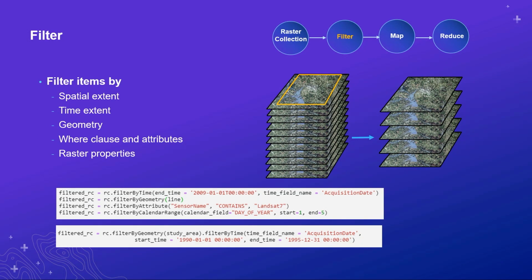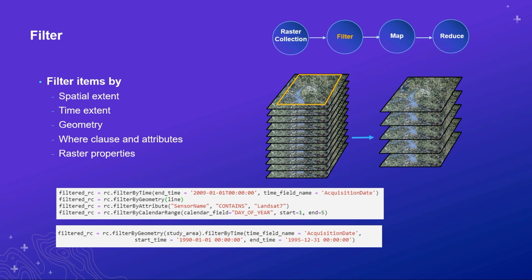So you have the initial raster collection, and next you might want to filter the items that fit your project. For example, you can select by time range or by area of interest. We provide many methods for you to filter the images. You can even filter by geometry.